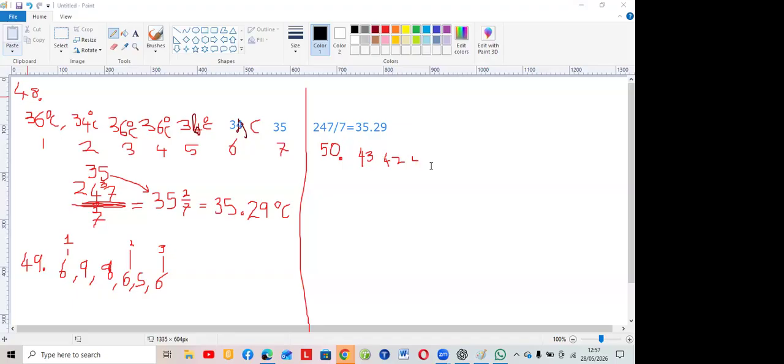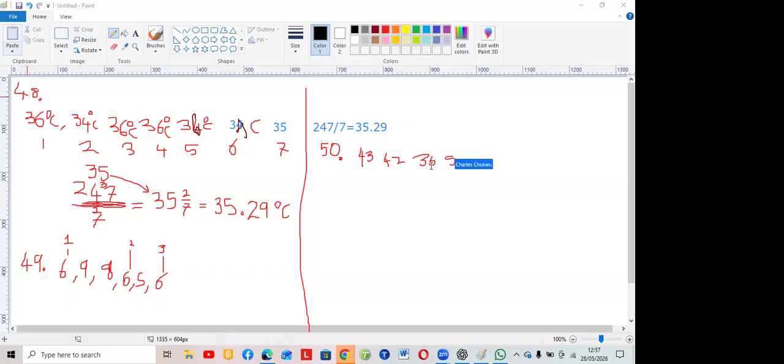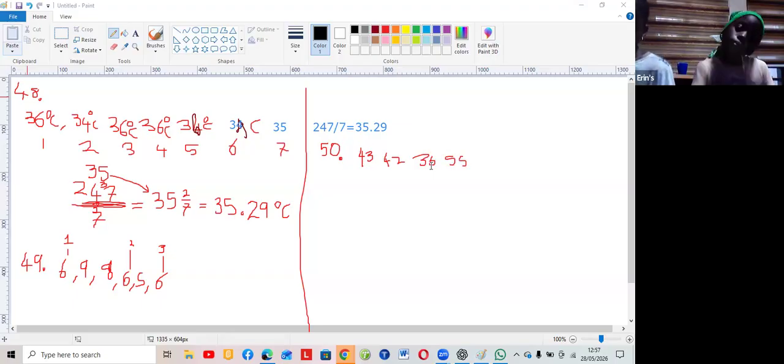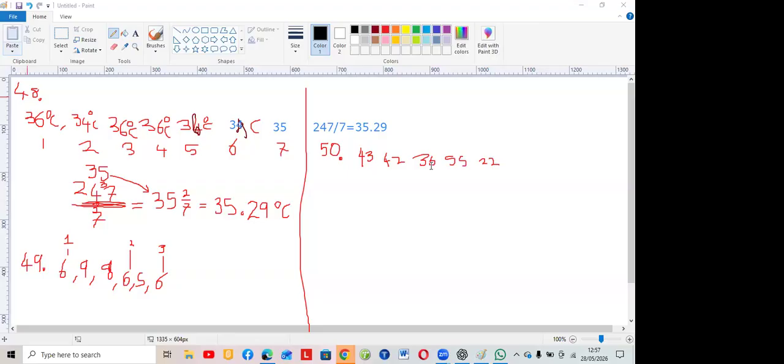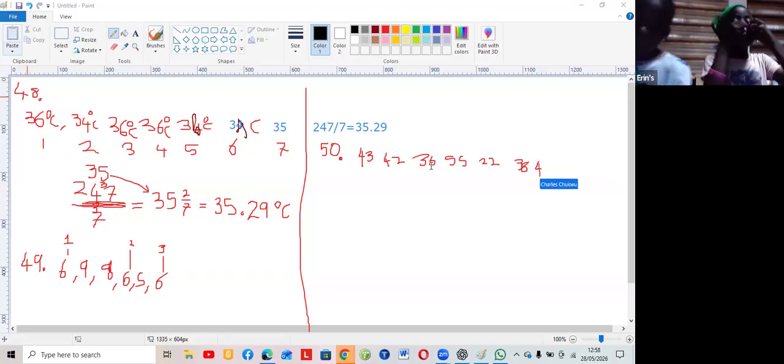All right. Next. And it says 55. 22. Good. 38. And 40. And then it says find the median.